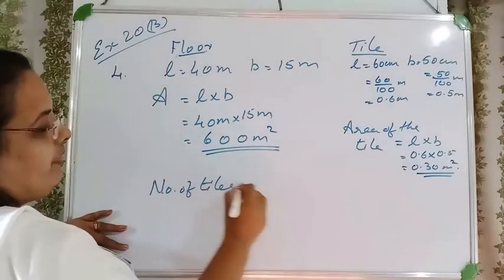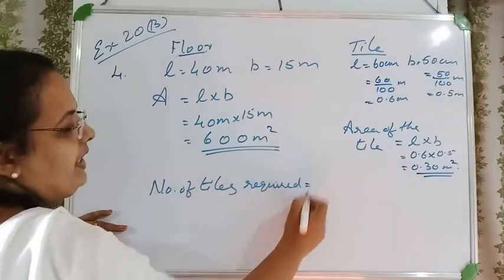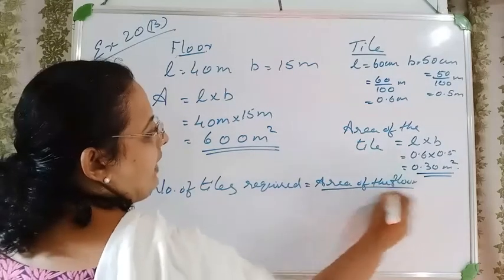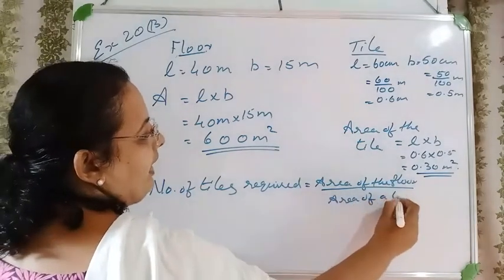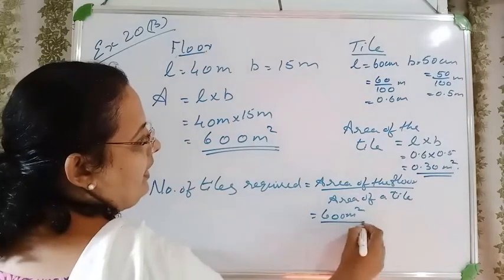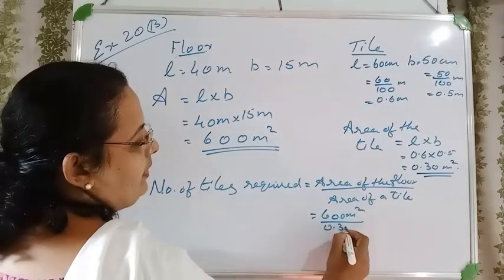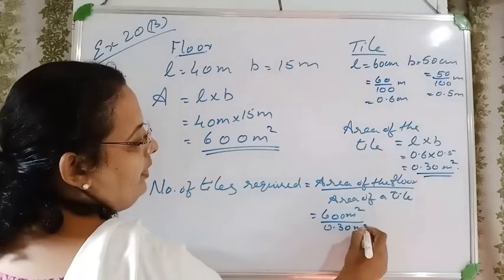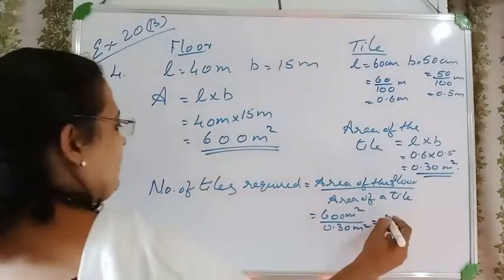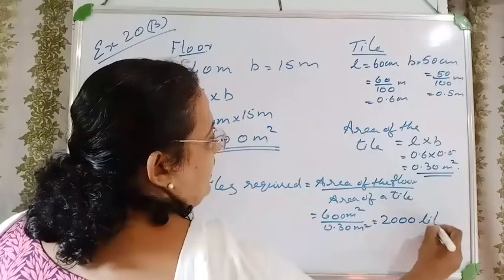So number of tiles required is equal to area of the floor divided by area of a tile. That is equal to 600 meters square divided by 0.30 meters square. When you divide it, you will get the answer as 2000 tiles.